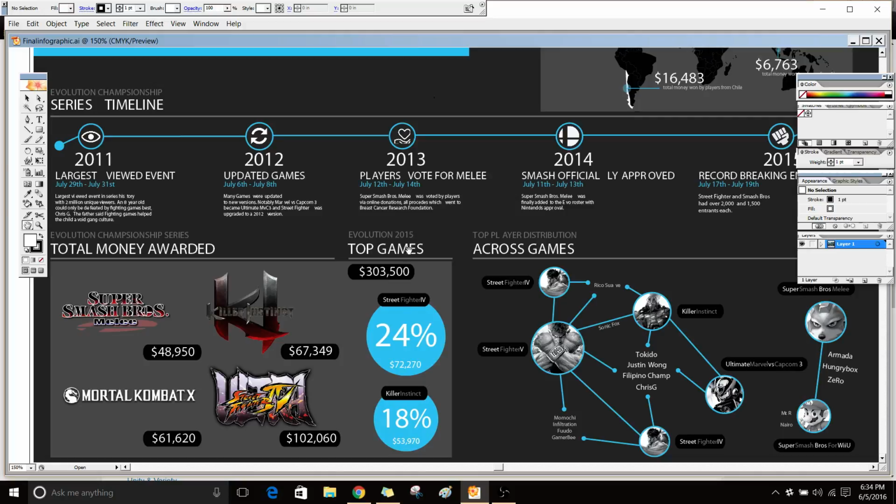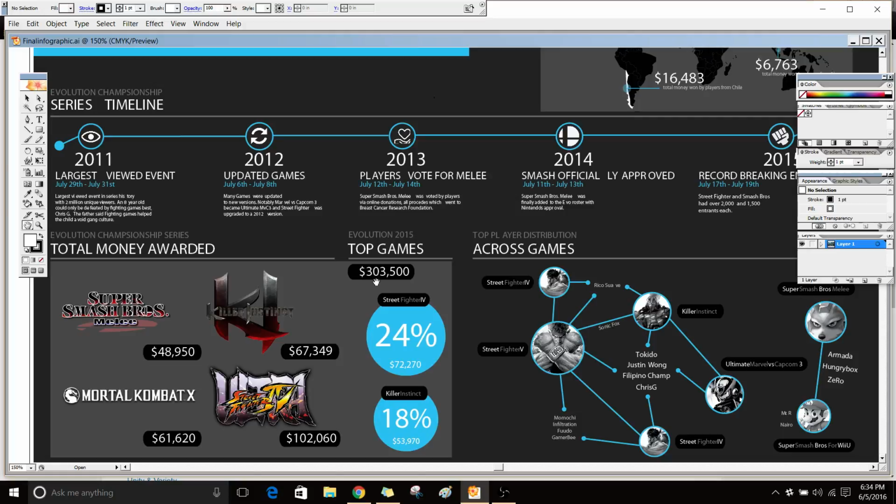Let's see. Evolution 2015 top games. So in 2015, these were the two top games that gave out the most prize money. The total prize money being $303,500. This part could be difficult to understand because this isn't really laid out clearly. I think that this probably could have been done better, because you don't instantly know that that was the actual total prize money for 2015.